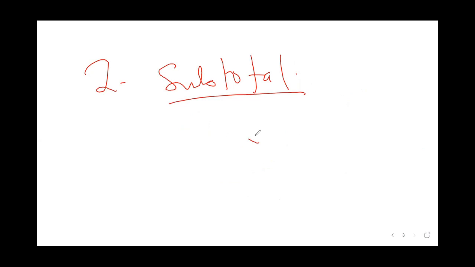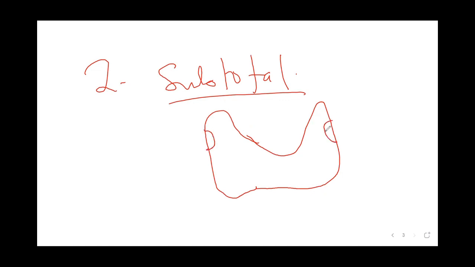Another option is subtotal thyroidectomy. Subtotal thyroidectomy means you are excising both lobes completely, leaving about 4 grams of tissue on each lobe. That is subtotal.